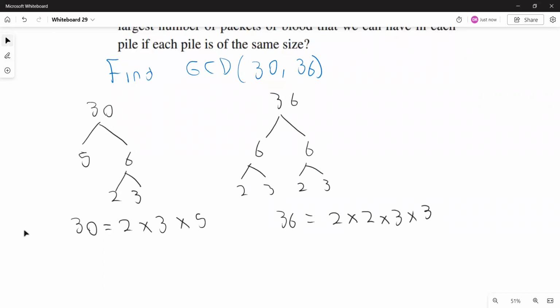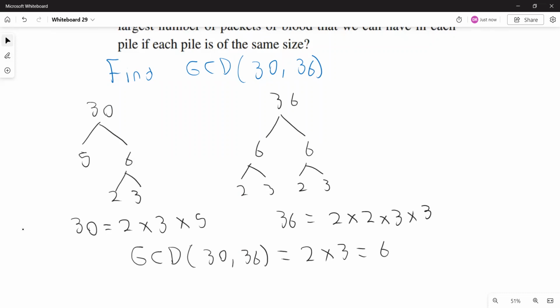So the greatest common divisor of 30 and 36: they are both divisible by 1, 2, and 3, and that's it. So the greatest common divisor is 6.